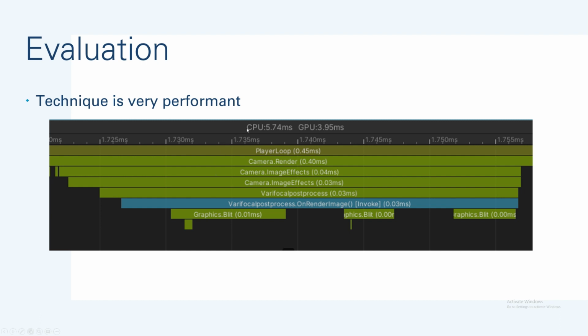In a frame that took 5.74 milliseconds to render, my script took 0.03 milliseconds to run, even with these different blits. So it's quite performant, and that's at 1440p. I'd be quite confident about putting it into a VR environment, one where high frame rate at high resolution is very important. I think my implementation would still function very well. So that's everything from me, and thanks for watching.